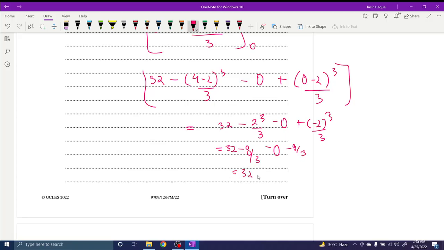So we're getting 32 minus 16 by 3. Obviously there's a pi outside, I forgot to mention that. So 32 minus 16 by 3 gives 80 by 3 pi. Okay.